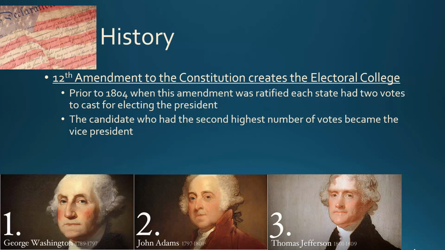This created a problem because John Adams and Thomas Jefferson were from different political parties, and they had a lot of differences politically. So as John Adams' vice president, Thomas Jefferson was not in the same political party, so he didn't have the same thoughts as John Adams.